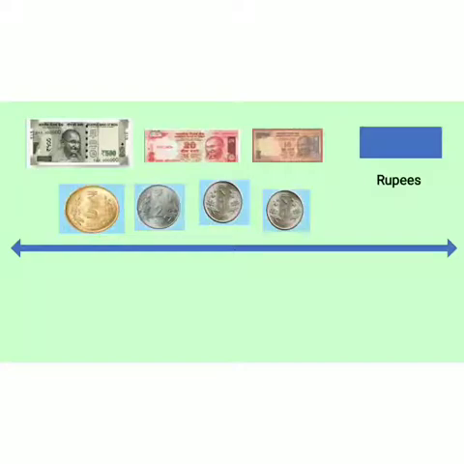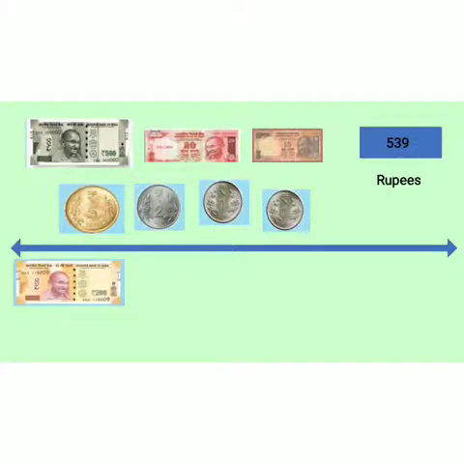Now 500 plus 20 is 520, plus 10 is 530, plus 5 is 535, plus 2 is 537, plus 1 is 538, and plus 1 is 539. So this way you have to count all the notes and coins and write the total amount in the given empty box, that is 539 rupees.